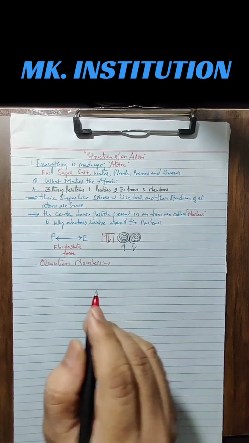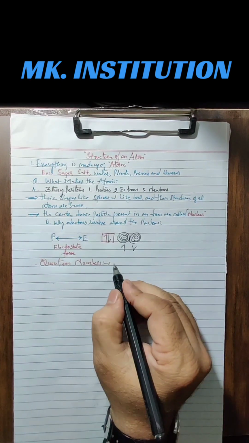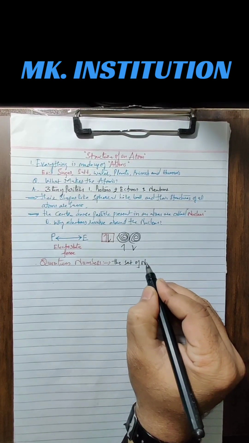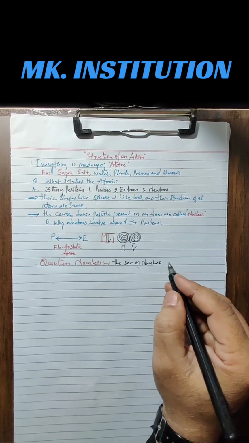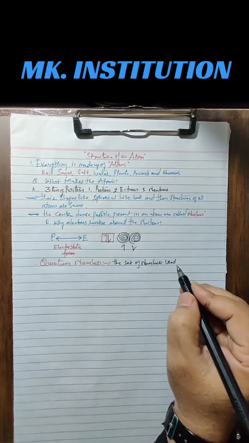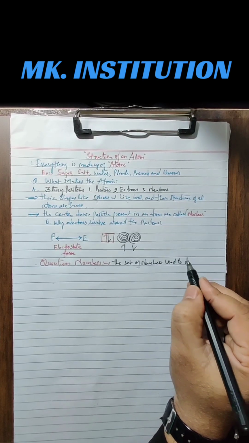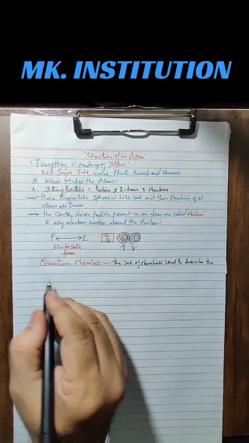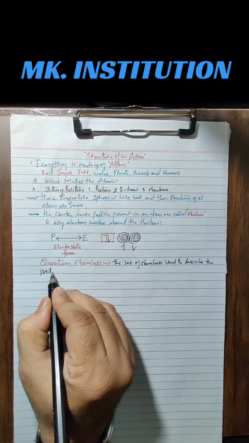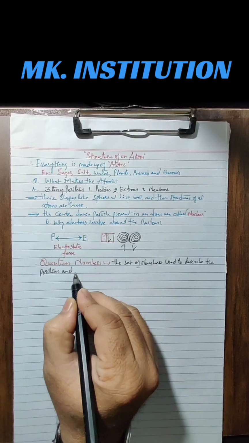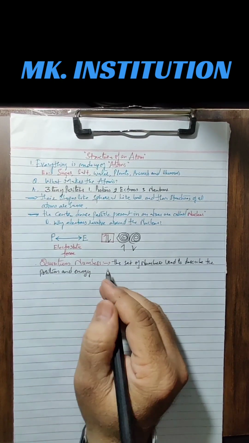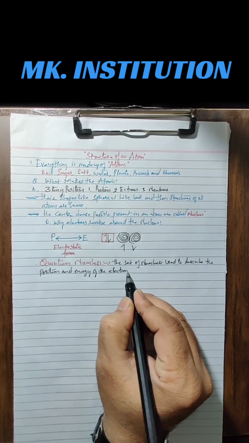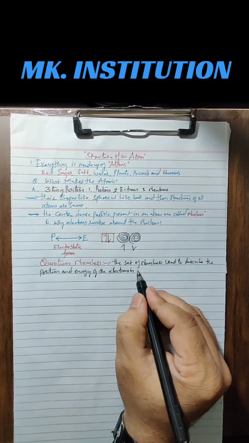What do quantum numbers mean? Clear. These are a set of numbers used to describe the position and energy of the electrons in an atom.